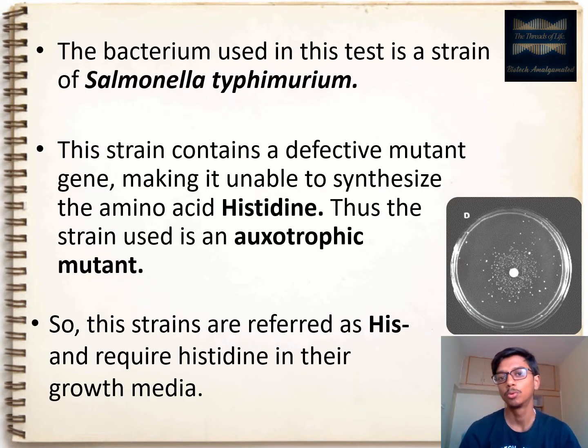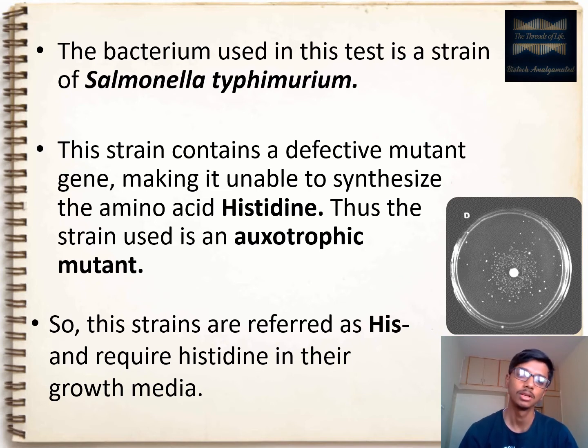Now, what Bruce Ames did was that he took a strain of Salmonella typhimurium that was actually defective. Defective means that it couldn't produce a single amino acid, histidine, because of a defective gene, but it could gain the ability to synthesize histidine with the help of some kind of supplemented chemical. This is known as back mutation.